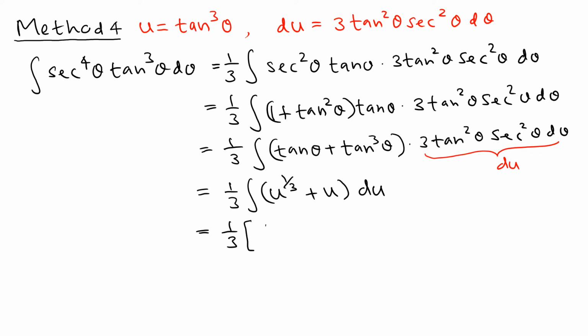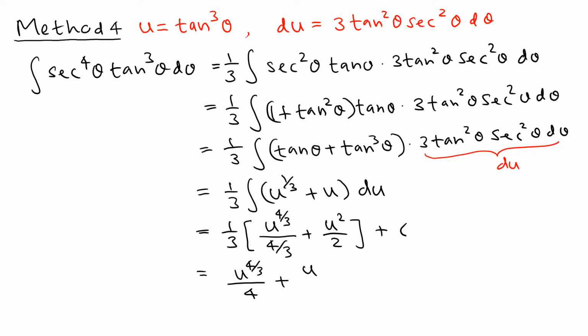So if you integrate, you're going to get u to the 4/3 over 4/3 plus u squared over 2 plus c. And if you multiply it through, you can see that you're going to get u to the 4/3 over 4, because 1/3 and 3 get cancelled. And here it's going to be u squared over 6.